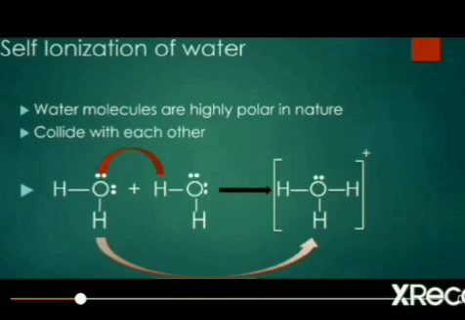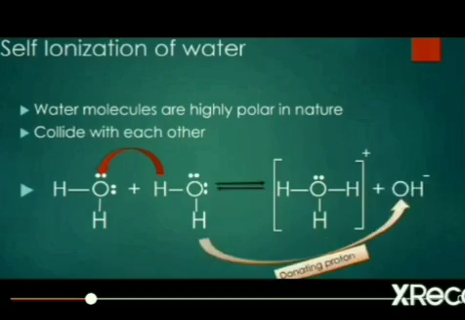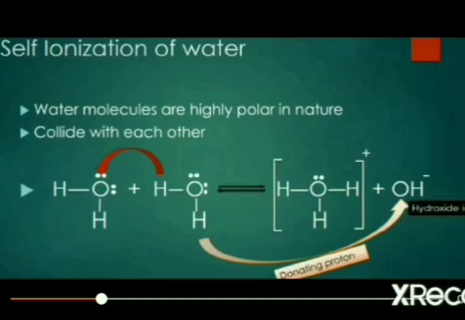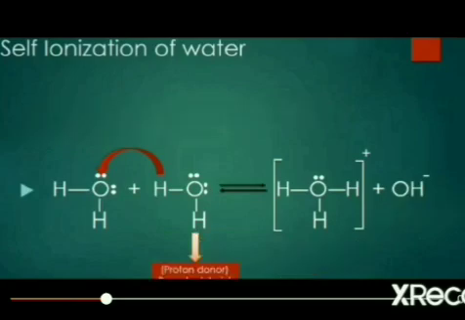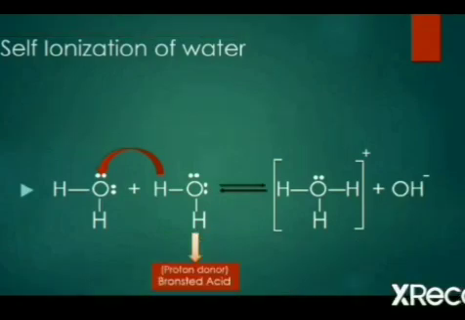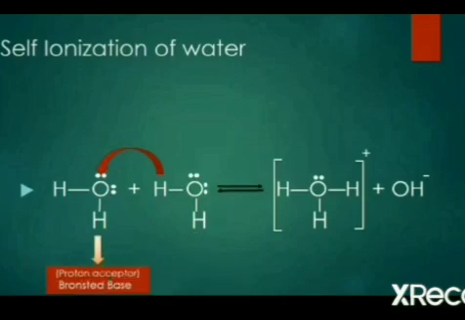The water molecule that accepts the proton is the Bronsted base. The other molecule that donates its proton forms an OH minus ion and is the Bronsted acid. Look, this is the proton donor, the Bronsted acid, and the other is the Bronsted base, the proton acceptor.